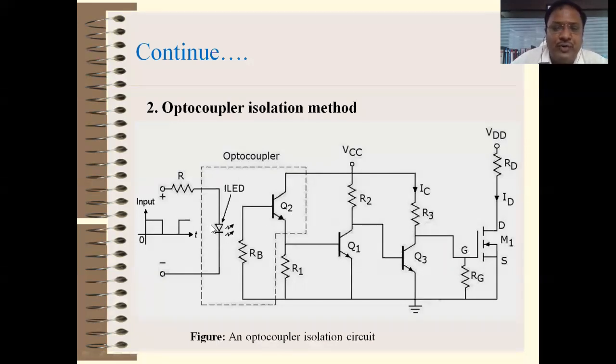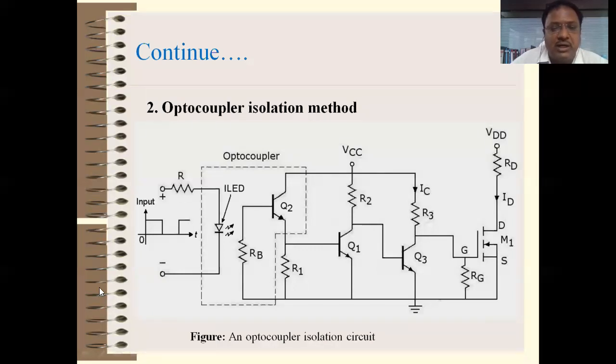Otherwise, there is no physical connection between this driver circuit and power circuit. So there is no physical connection. If there is no physical connection, even if your power devices get damaged, your driver circuit will still work as it is.